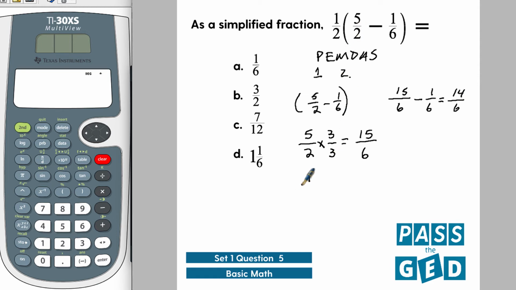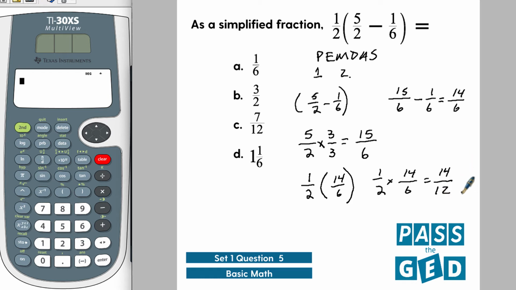So what we have now is 1/2. What we determined is in our parentheses is 14 over 6. Now we really don't need these parentheses. This represents multiplication, so it's 1/2 times 14 over 6. So 1 times 14 is 14, and 2 times 6 is 12.